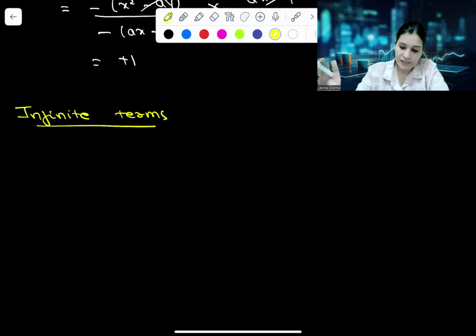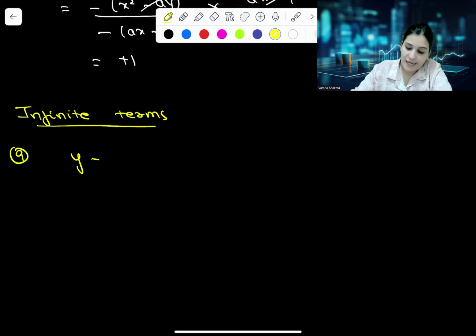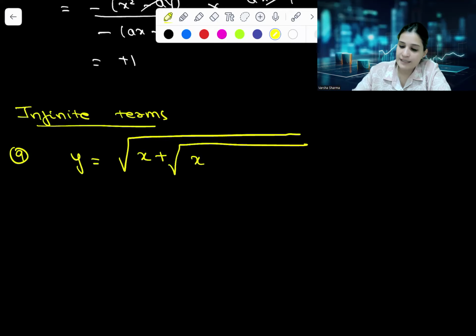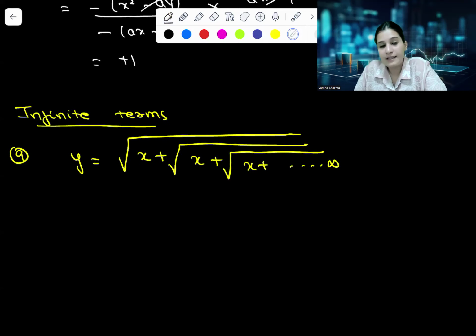Similarly here, in question 9, I have written y as under root x plus, again continuing the pattern under root x plus, again under root x plus, and this goes on to infinite times. So y is infinite times under root of x plus.